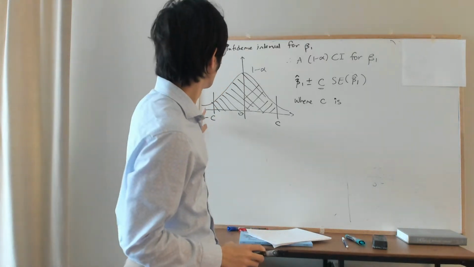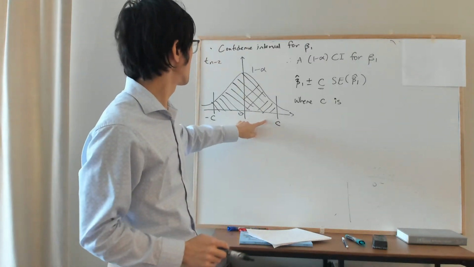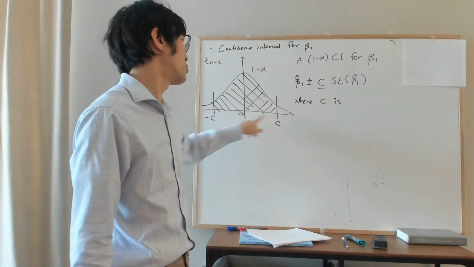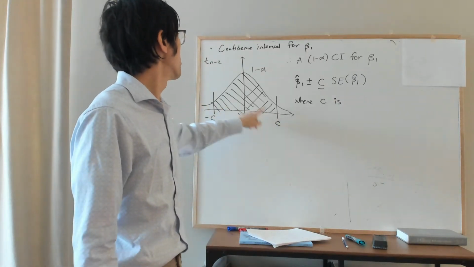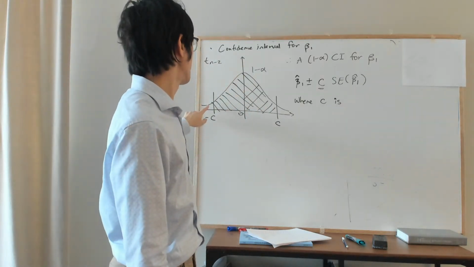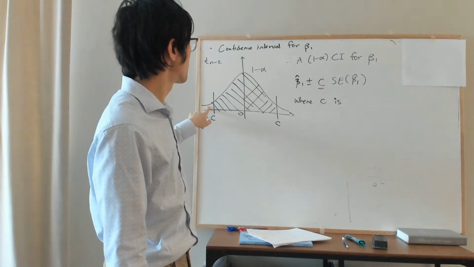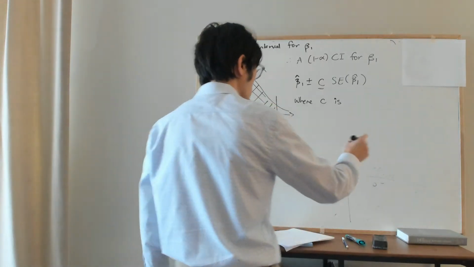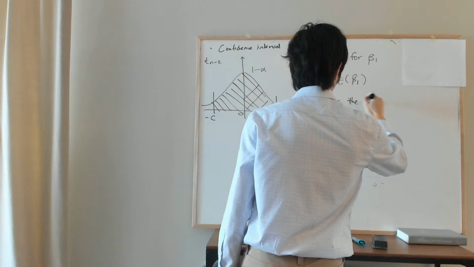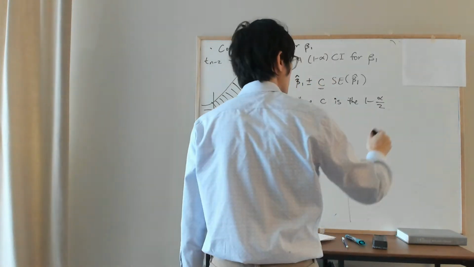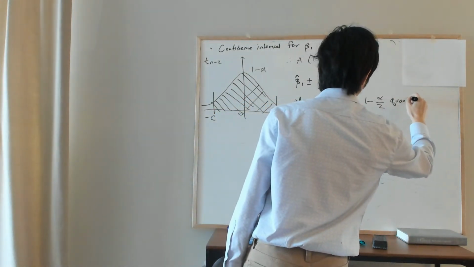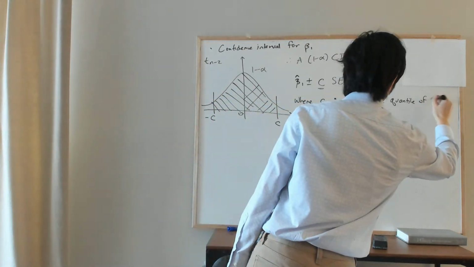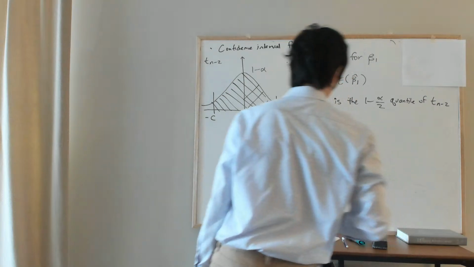It is the quantile of the t distribution such that how much area is to the left of c? Well, you have 1 minus alpha under the curve, and due to symmetry, that's going to leave alpha over 2 in each of the two tails. And so c is the 1 minus alpha over 2 quantile of a t n minus 2 distribution.